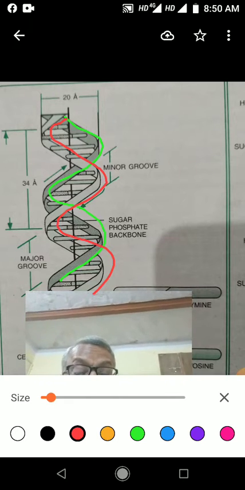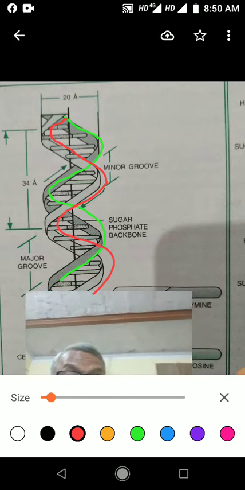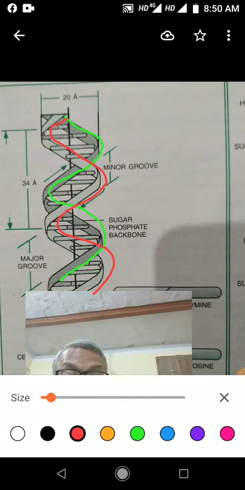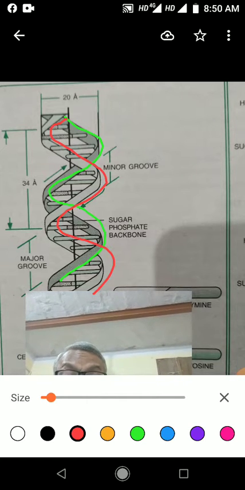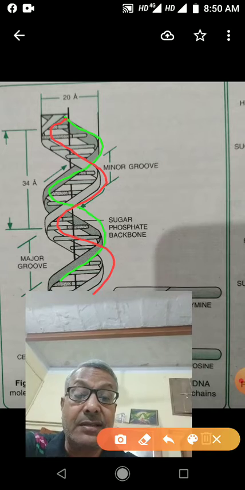In each polynucleotide chain, the deoxyribose molecules are in two adjacent nucleotides. So you see here, this is the pentose sugar, and this one is the phosphate, this one is the nitrogenous base.